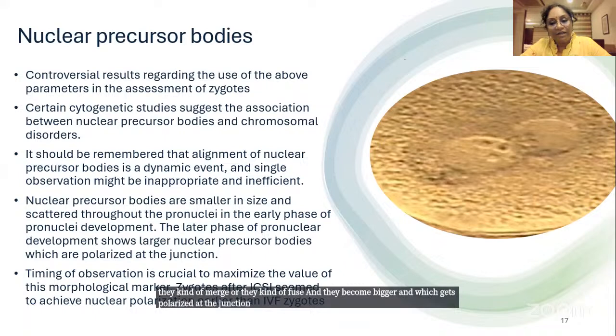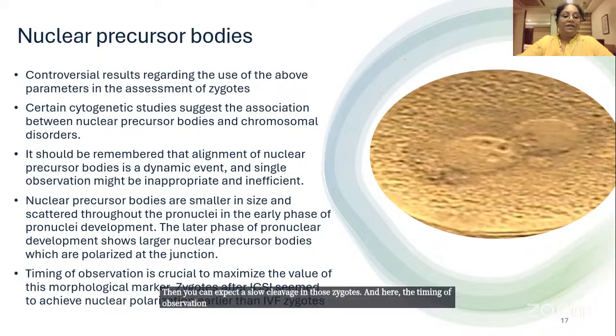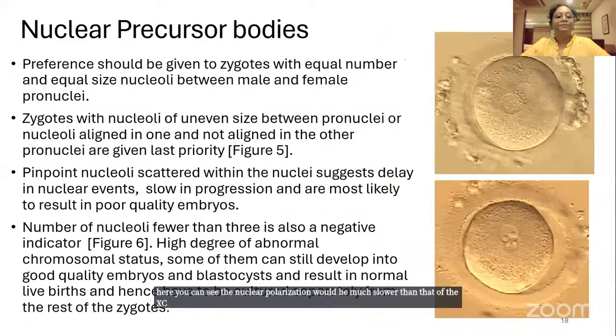So if you find these very tiny things, you can expect slow cleavage in those zygotes. Here, timing of observation is very crucial. And in IVF, the nuclear polarization would be much slower than that of the ICSI zygotes.